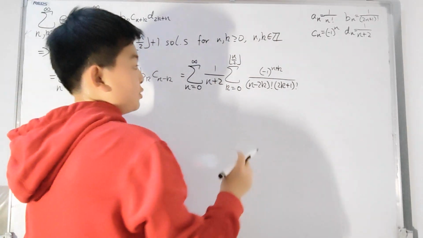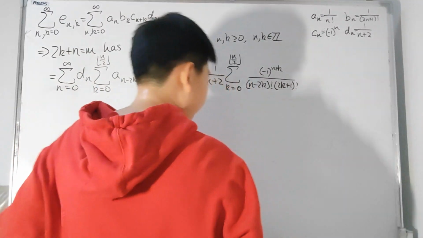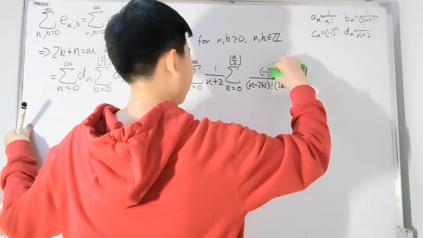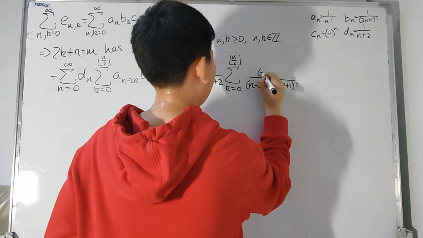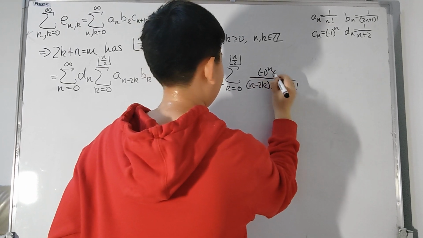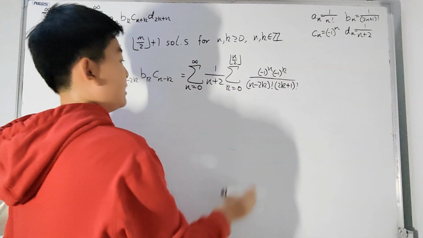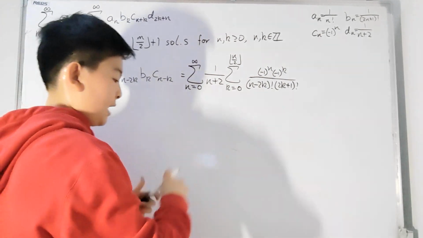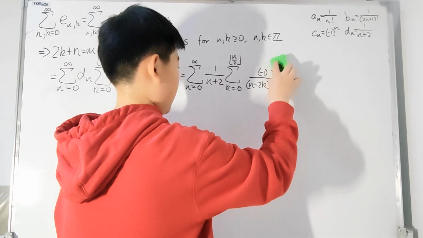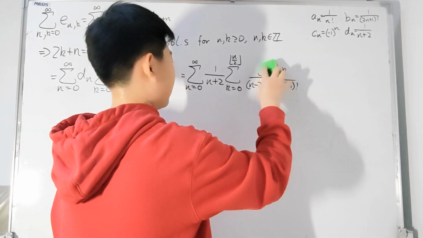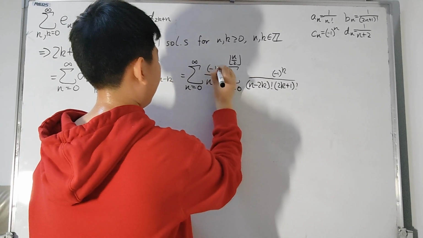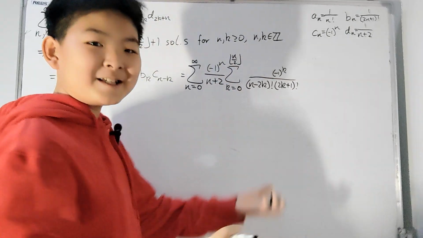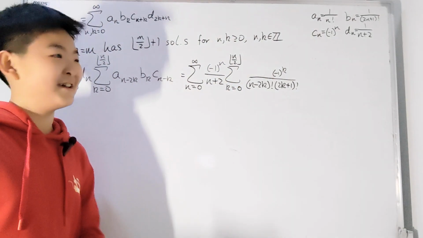And now we can use properties of exponents again, where we reshape that to negative 1 to the n times negative 1 to the k. And then now this term is independent of k, so we can drag that out of the k sum, or mini-series, to the outside. And what do you know? This was exactly the series that we started with.